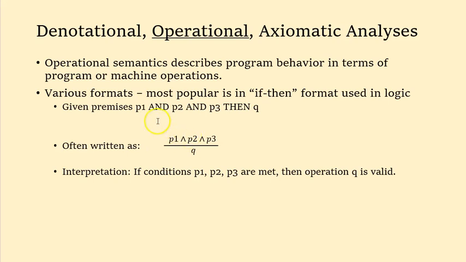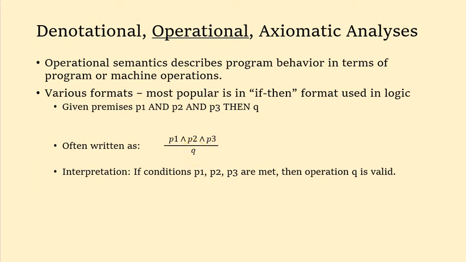So we have if P1 and P2 and P3 then Q, that kind of thing. That tends to be written this way. This is a fairly common way to write these in both the semantic analysis world and in the logical world. Premises on top, anded together, vertical line, result on the bottom. P1 and P2 and P3, therefore Q. And the idea is if you meet conditions P1 and P2 and P3, then Q is valid.